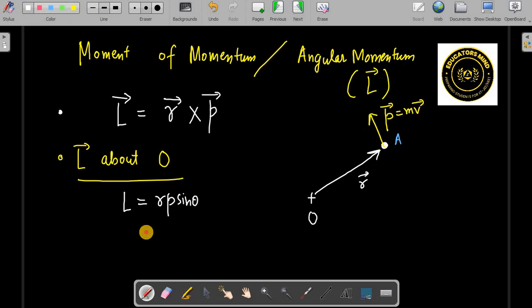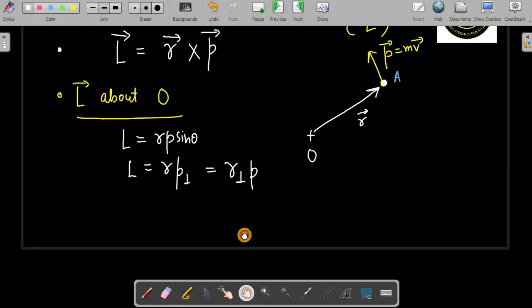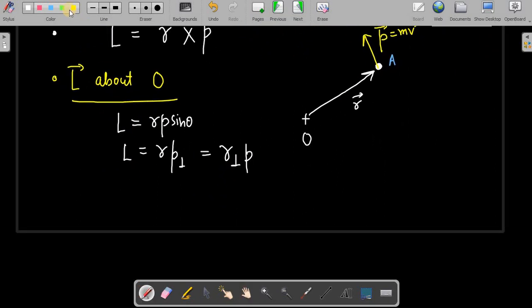Again, this can be written as R into P perpendicular, or you may write this as R perpendicular into P. Remember what is R perpendicular. So you can split or resolve it according to your convenience given the question. Suppose this is R vector, this is P vector, right?